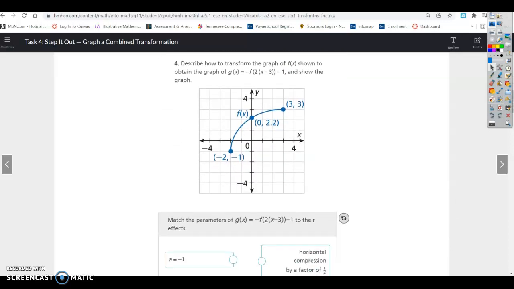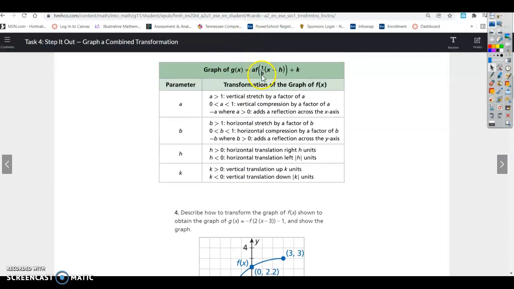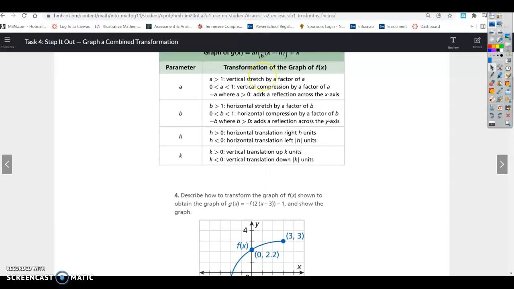And then it says, describe how to transform the graph of f of x shown to obtain the graph of g of x equals negative f of 2 times x minus 3, minus 1, and show the graph. All right, so they're showing you that A is negative, and this is 1 over B, so this is 2, so it would actually be 1/2, because it's 1 over B. And then it's minus h and plus k.